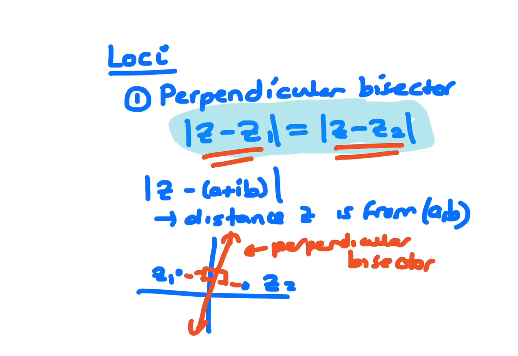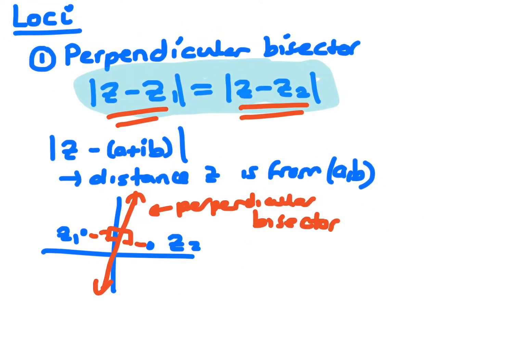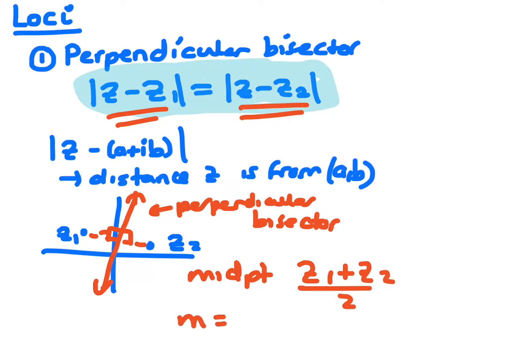Now, you could get it just using vectors, but if you were going to get it geometrically, you could just find the midpoint, (z1 + z2)/2, and then you can get the gradient. Once you've got the midpoint, you have a point that it goes through.